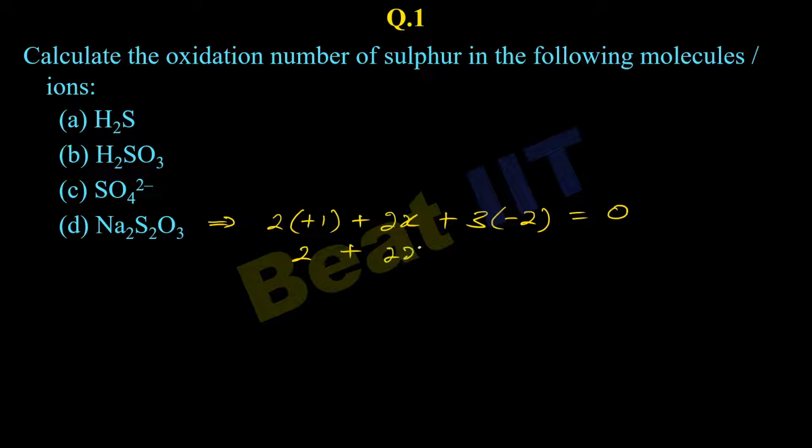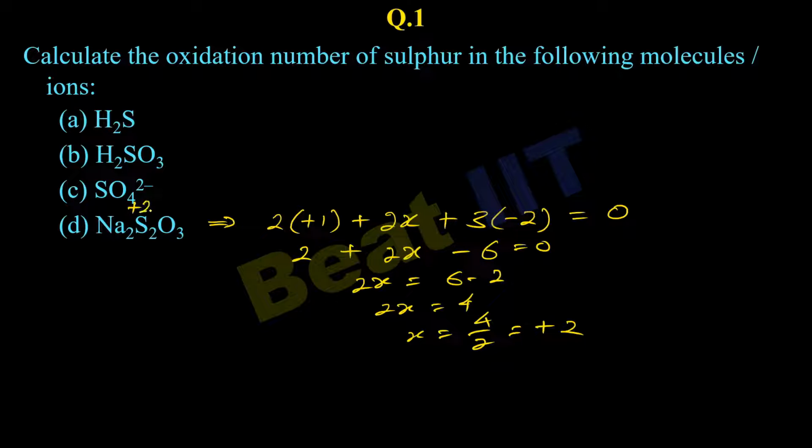It will be 2 plus 2X minus 6 equals 0. 2X equals 6 minus 2, that is 4, so X will be 4 by 2, that is +2. So in Na2S2O3, the oxidation state of sulfur will be +2.